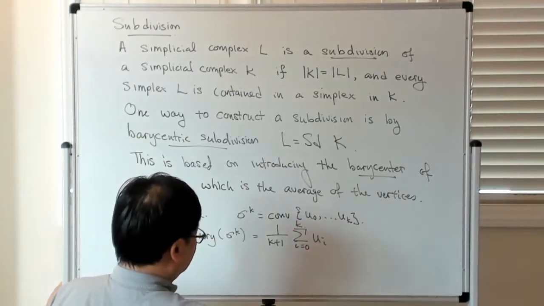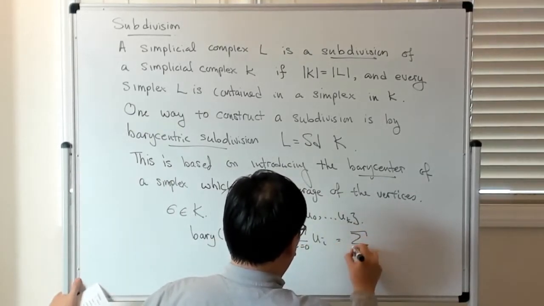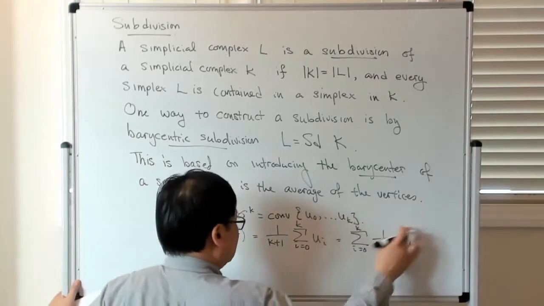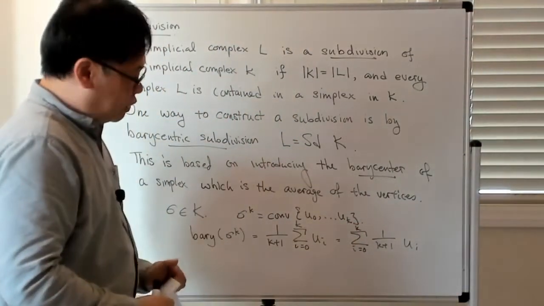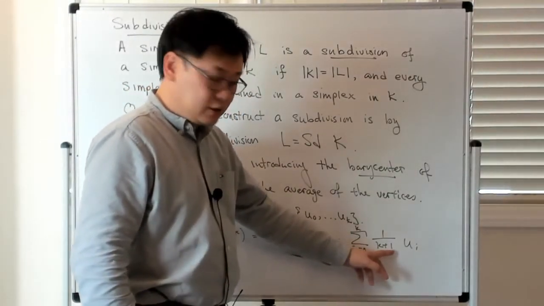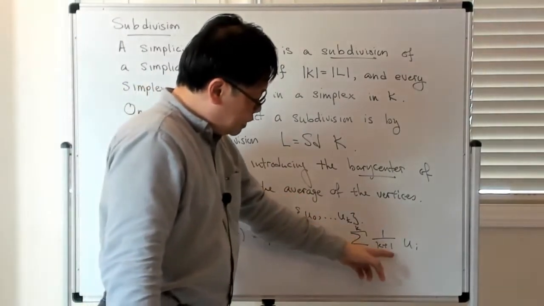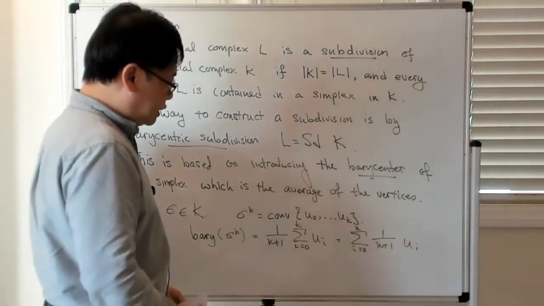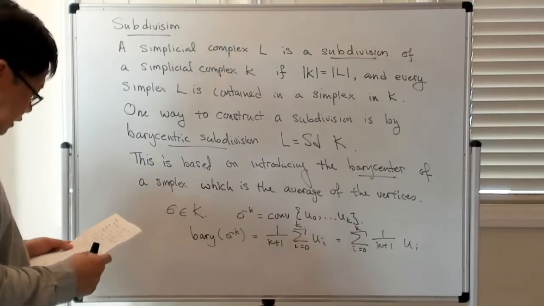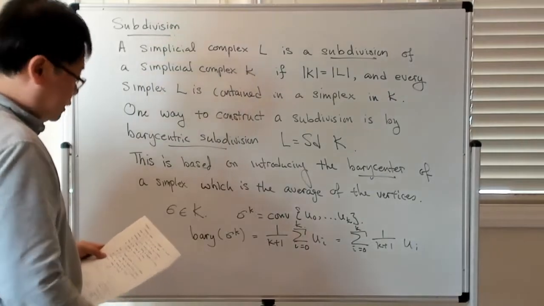You can put the k plus 1 inside, so this is really the sum from i equals 0 to k of 1 over k plus 1 times ui. At least in the local barycentric coordinate system, which just involves the simplex sigma k, that means the barycenter is the one where all the barycentric coordinates are equal to each other and still satisfy the normalization condition, so each has to be 1 over k plus 1. That's what's called the barycenter, which again is just the average of the vertices.